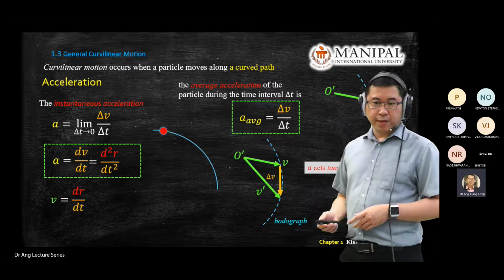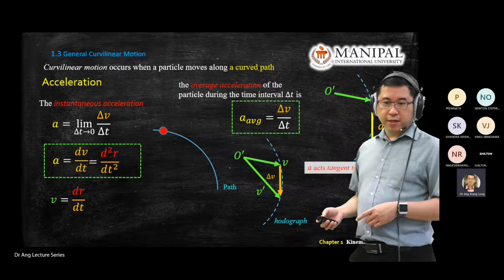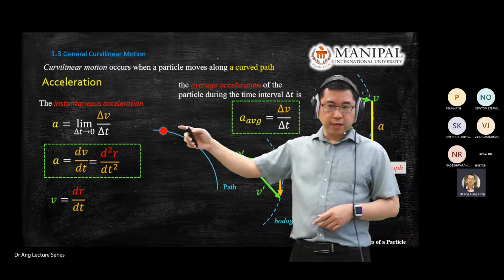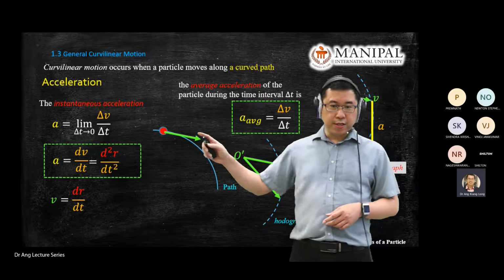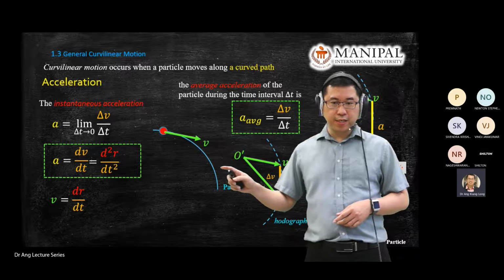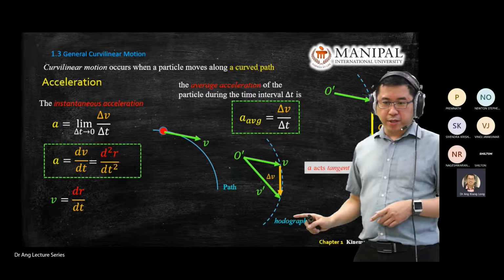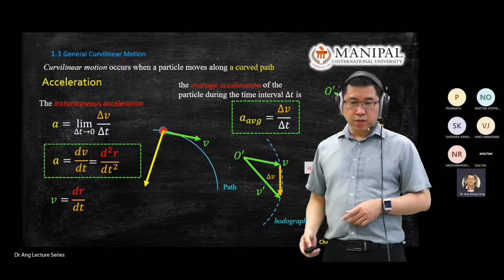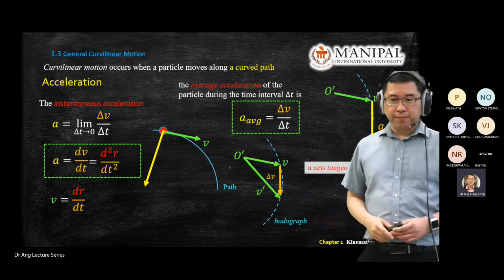Okay, now back to the solid line. So a path with velocity just now. This is what you see in the real case. Hodograph is what you imagine, right? So I added an arrow just now.